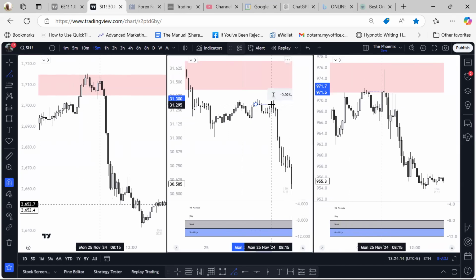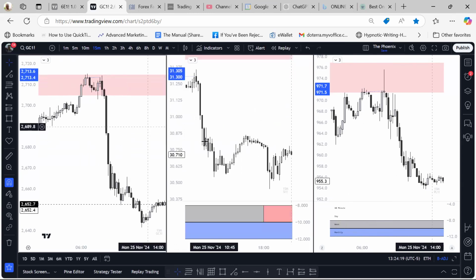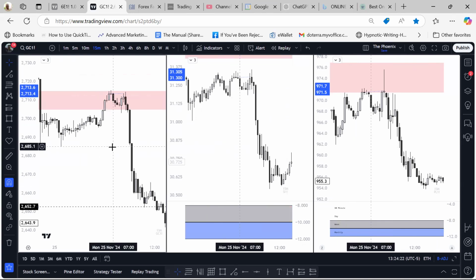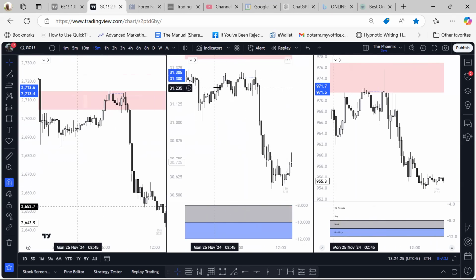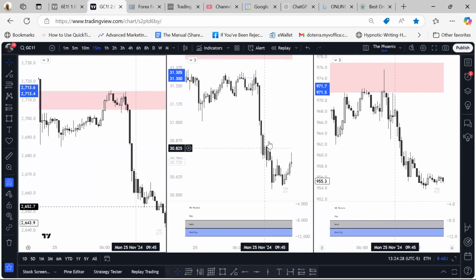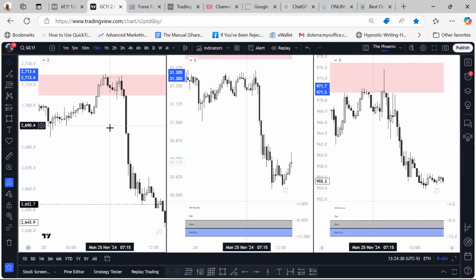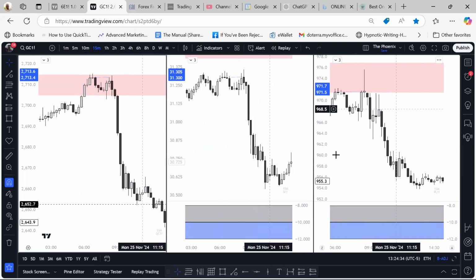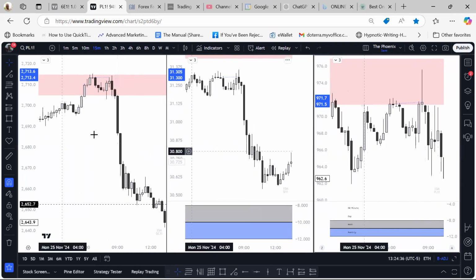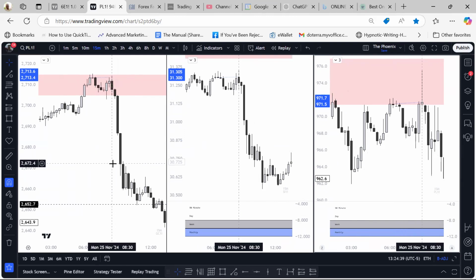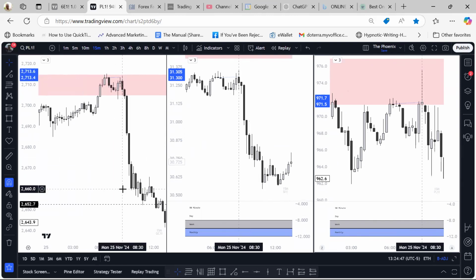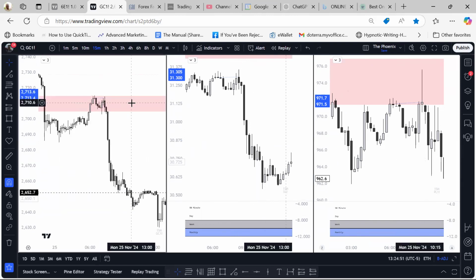This failed, and this also failed. That's your SMT inside of the imbalance. And of course, we had this failure swing, and that's our confirmation to sell. Let's see if I would have seen my snowflake. That's my snowflake, and I would have entered right after the close of this candle. That's a sell. So the move never really misses. We're never late for the move.